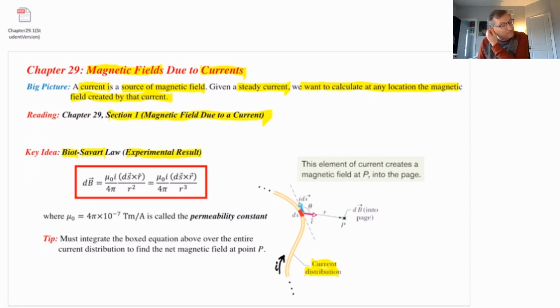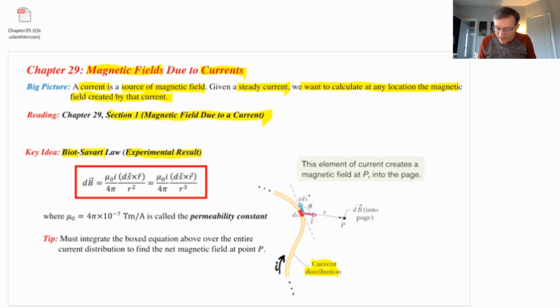In this wire, the experimental result says that you have to immediately jump into calculus. That is to say, you have to imagine breaking up the wire into a whole bunch of little tiny pieces, each of length ds. And you have to calculate the magnetic field contribution, dB, at point P from that little piece ds.